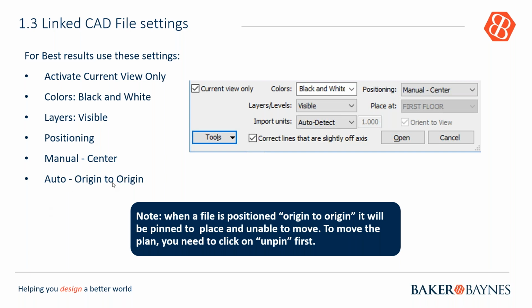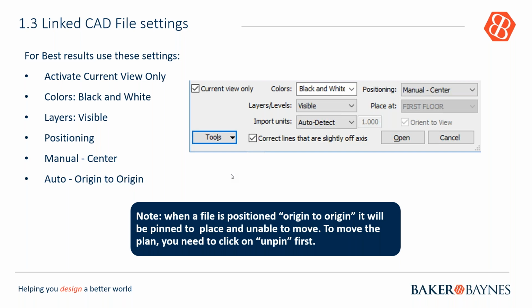The reason I say origin to origin is because then you know that wherever the architect has drawn his drawing on that origin, it's going to go to the exact position in Revit. And when it is positioned origin to origin, it's literally pinned in position and you can't move it. Before you can move it, you need to unpin first. So it's kind of a safety measure. So most of the time I use origin to origin.